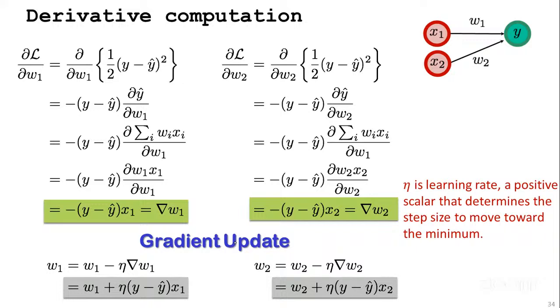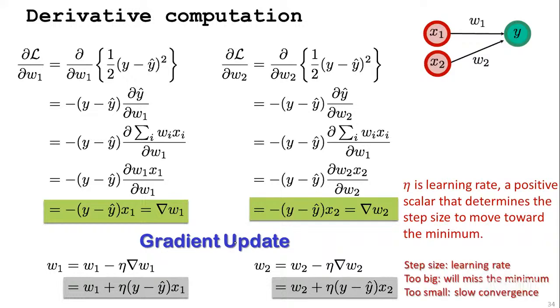If your step size, that is your learning rate, is too big, there is a chance you can miss the minimum. But if it is too small, then your convergence will also be very slow, because you need to keep on running and seeing how it is affecting the cost. So you can't move very fast, you can't move very slow. This is one of the hyperparameters. Remember, we will discuss it later.